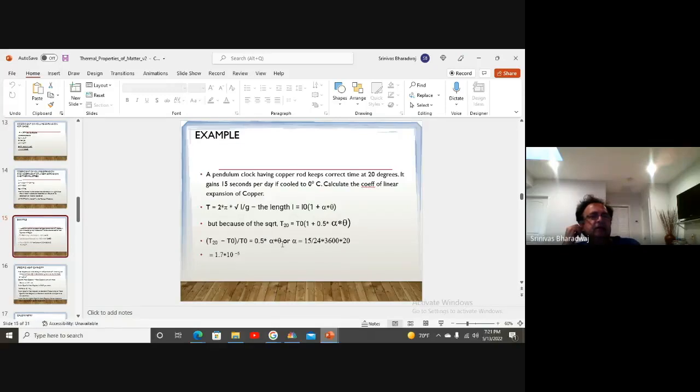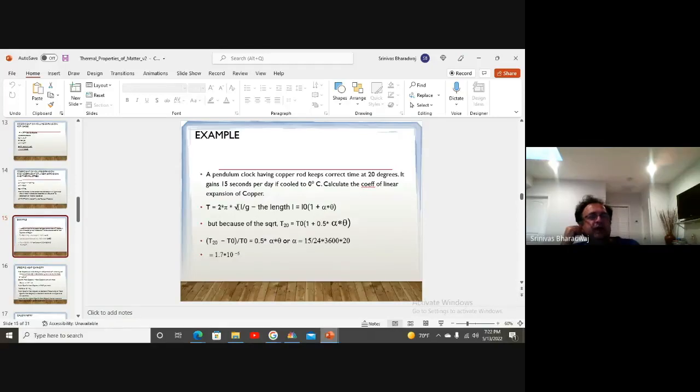So now, the idea here is the variation. If you look at this, t equals 2 pi times root of L by g, right? Now if you take the derivative, delta t over delta L equals half L to the power of minus half, right?